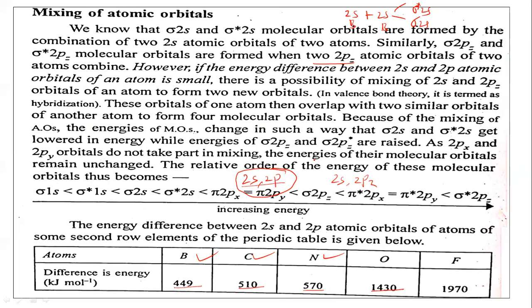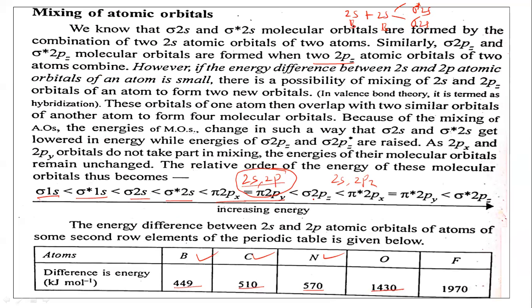Okay, so this is the new change, and the relative order of the energy of these molecular orbitals is now in this way. Sigma 1s, then sigma star 1s, then sigma 2s, sigma star 2s. Now pi 2px and pi 2py come first, then sigma 2pz.